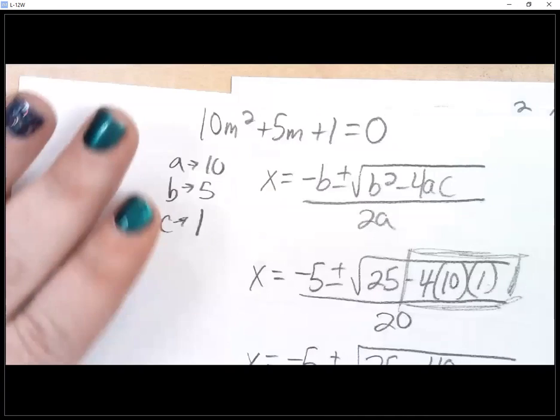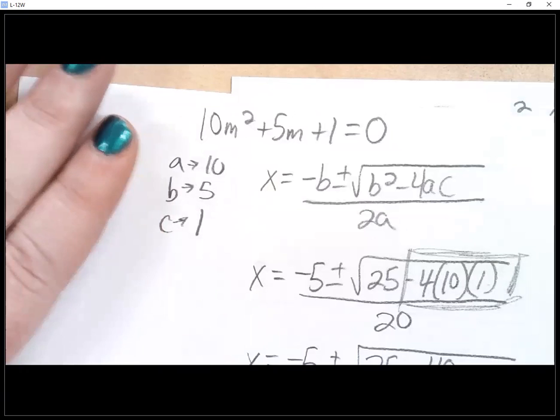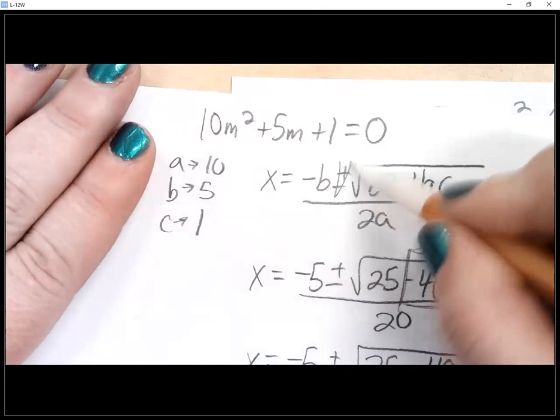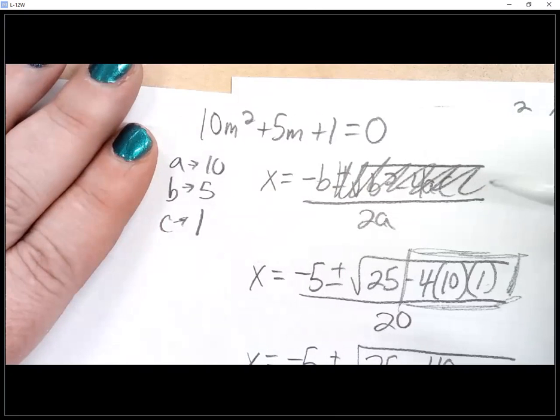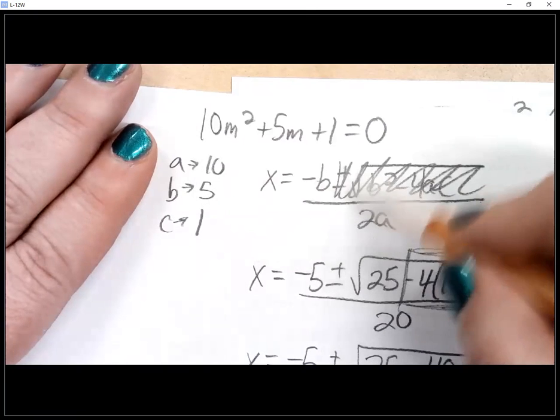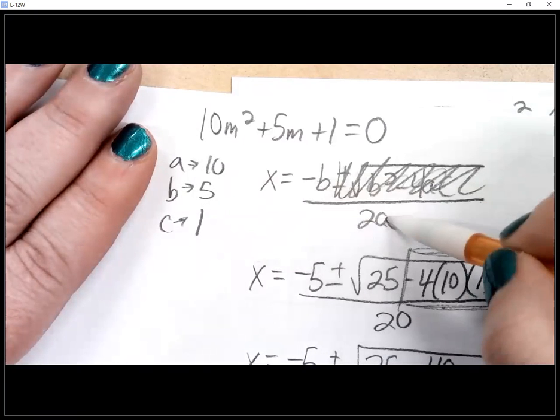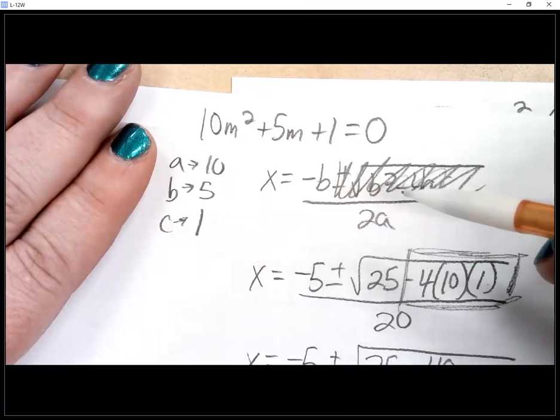So here's the quadratic formula. If you literally just ignore this whole part, look, negative b over 2a. So you don't even have to learn something new. You just need to know, oh, it's just the quadratic formula, but I ignore this whole piece. Negative b over 2a. That gets you the x coordinate of the vertex.